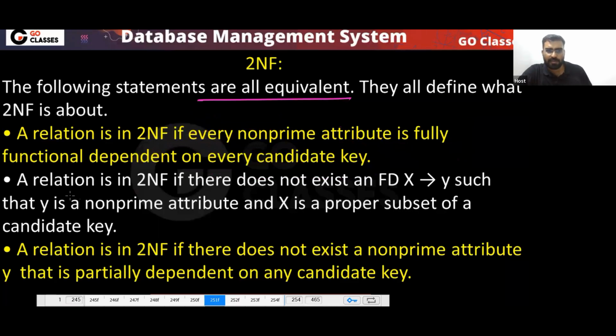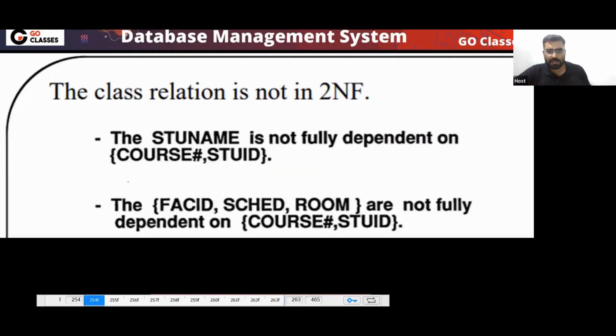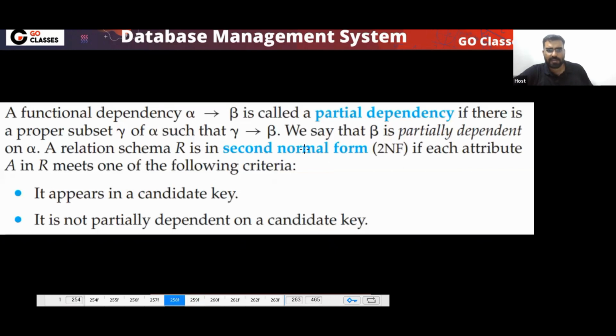Another definition: a relation is in 2NF if there does not exist any FD where a proper subset of a candidate key is determining a non-prime attribute. Yes or no? These definitions are equivalent. We have already seen. Please tell me, did you get it? This is from Korth.